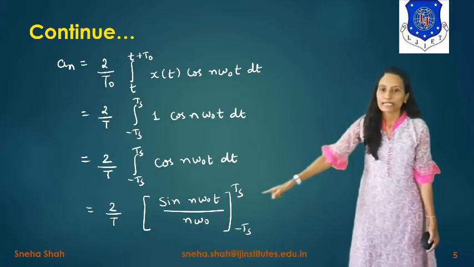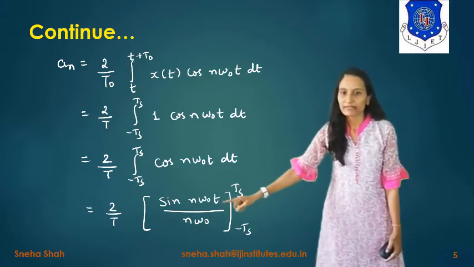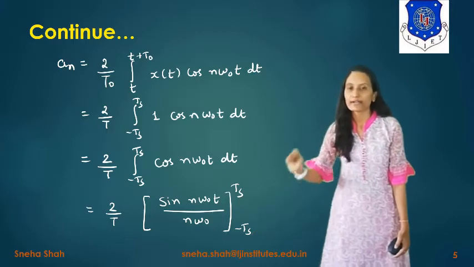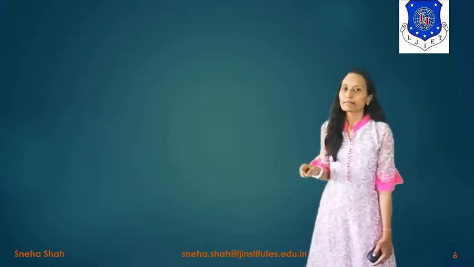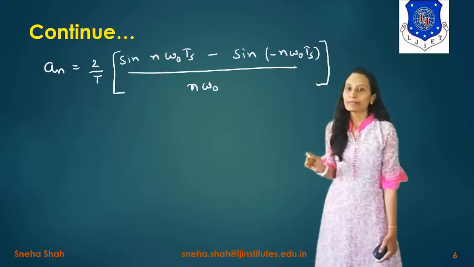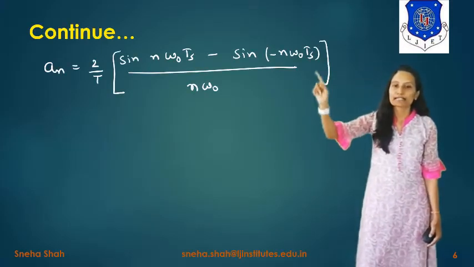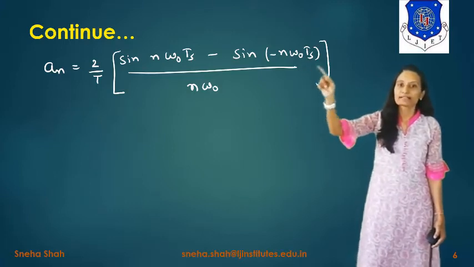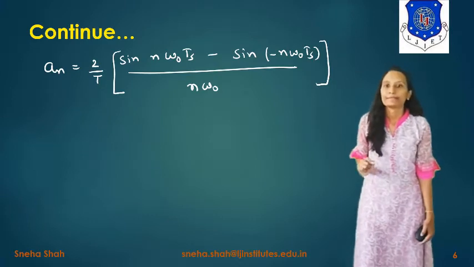So instead of t, we'll first take the value Ts and then instead of this t, we'll take the next value as minus Ts. So the next step of an equals 2 by capital T, sin n omega 0 Ts minus sin minus n omega 0 Ts, divided by n omega 0.